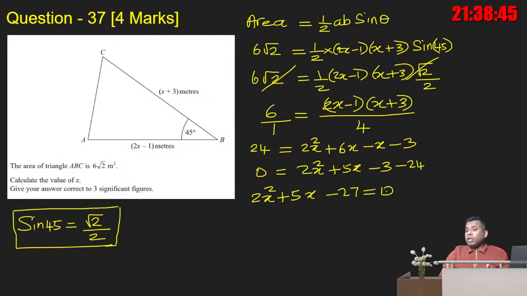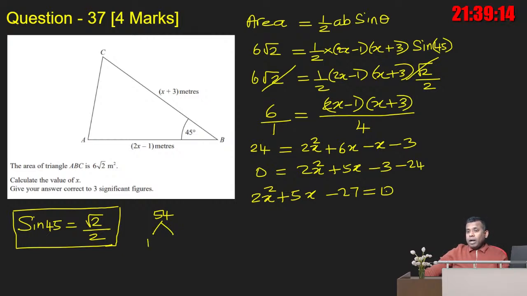So if you have a calculator and want to do this quadratic question, you can use your scientific calculator to find the answer. You can also do it manually. 2 times 27 is 54, and you need to find the factors that give 5.